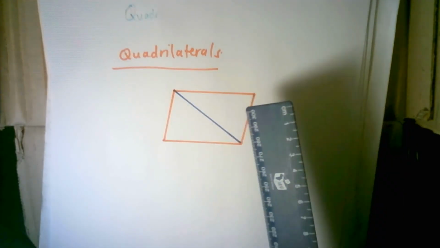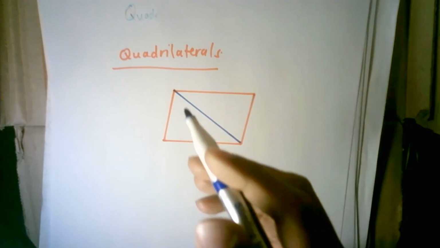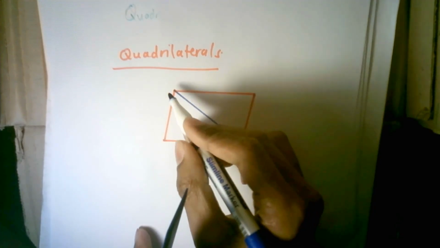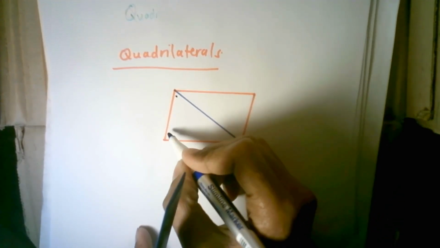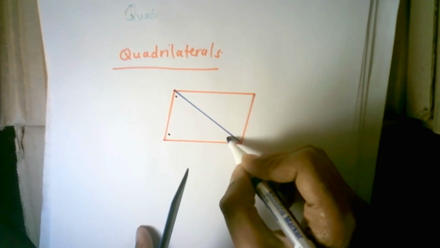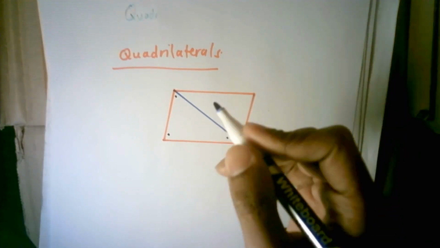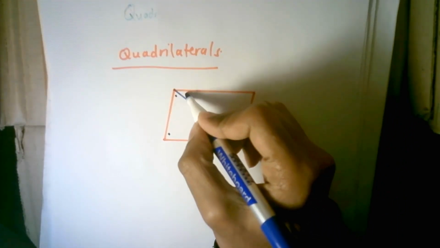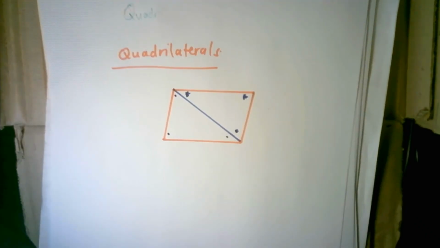What can I see here? I can see that I have two triangles, and let's recall, what is the sum of angles of a triangle? If I look at triangle 1, the triangle on the bottom left, this angle plus this angle plus this angle is equal to 180 degrees. And in the second triangle, this angle plus this angle plus this angle is also equal to 180 degrees.